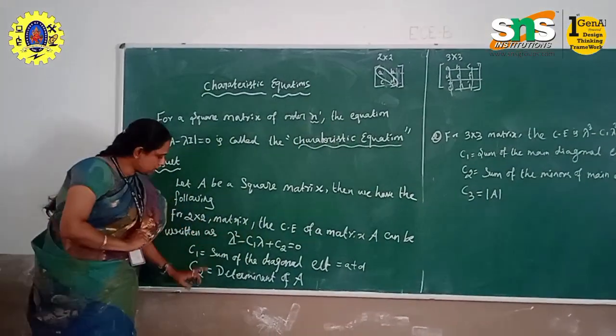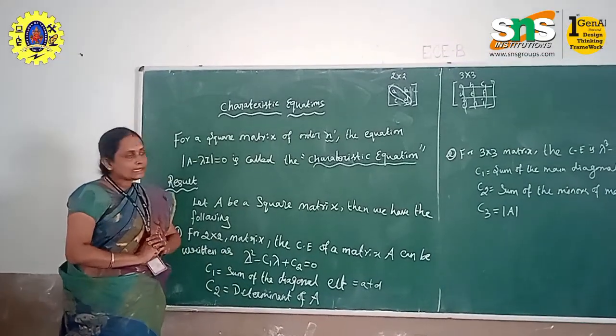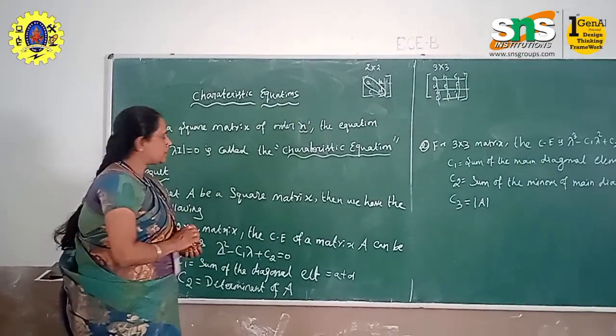Next we have to find C2. C2 is nothing but the determinant of A. How can we find the determinant of A?